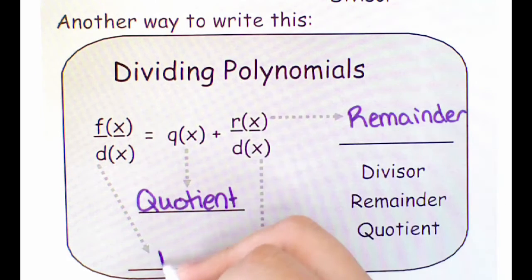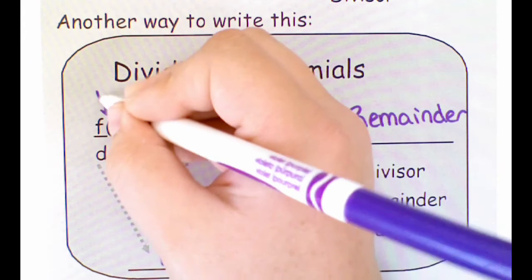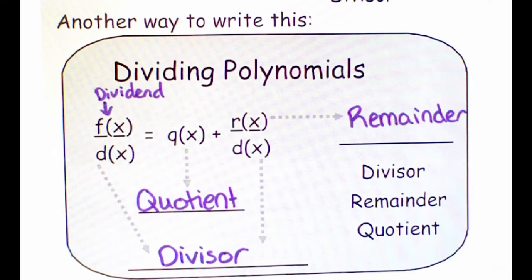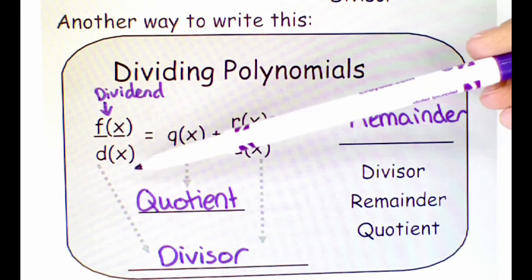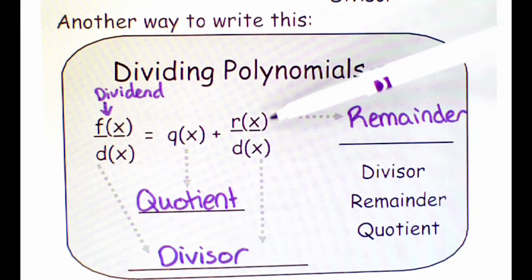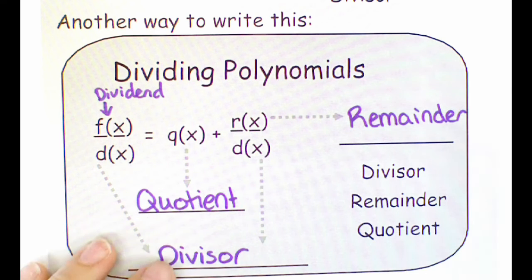D of x is still my divisor. And I didn't label it, but f of x is still our dividend. So I can say a function divided by another is equal to the quotient plus the remainder over divisor. These are both acceptable ways to write it, but different times it will call for different forms.